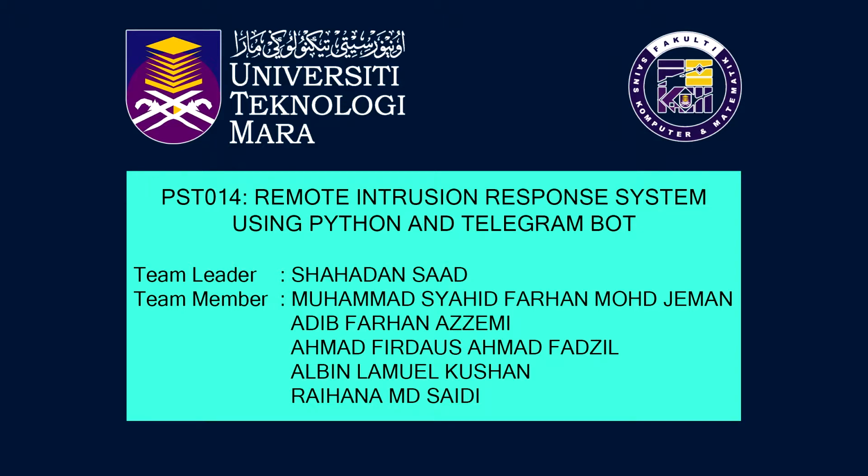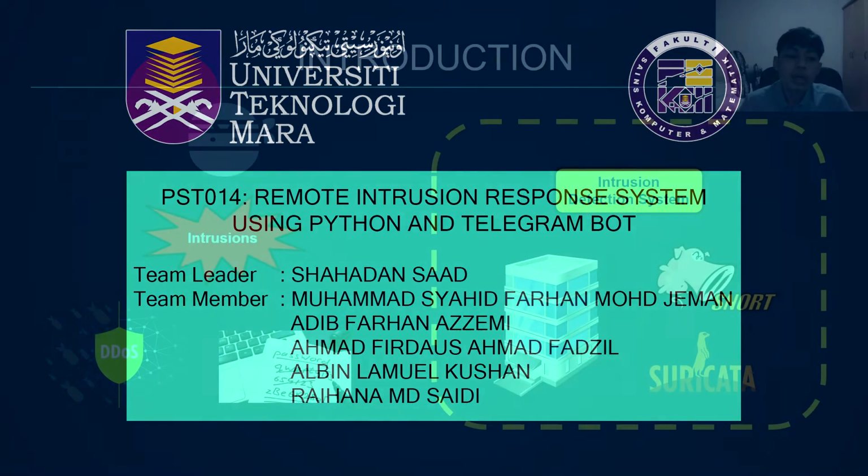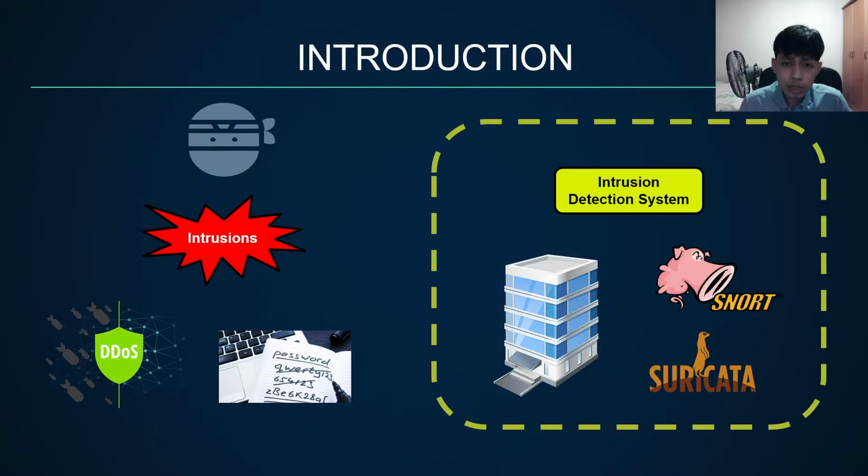So let's not waste our time and let's jump onto it. As we already know, there are a lot of kinds of intrusion that have been happening today. The common ones we can find are DDoS, password brute forcing, and Nmap scanning. That's why an administrator has to employ an intrusion detection system, which is IDS, to detect these kinds of attacks.